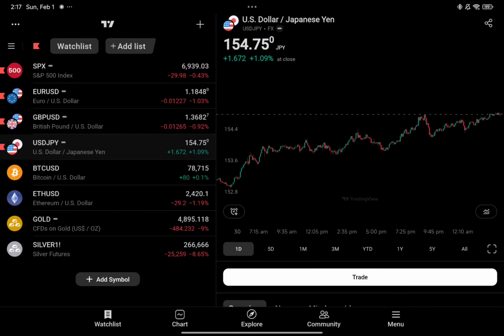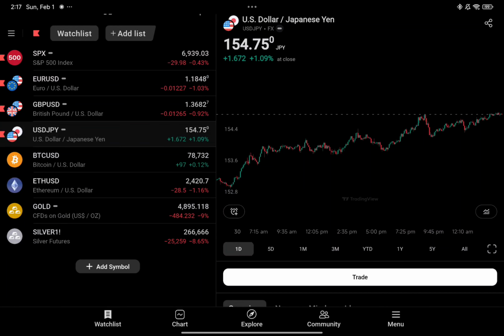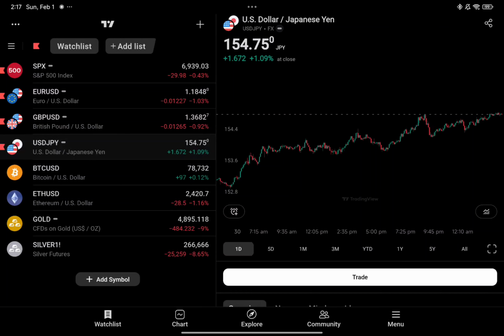And the fourth category is commodity. So in commodities, as you can see, we have gold and silver, basically the most important commodities. I used to trade copper, but now I don't trade copper because I saw that copper doesn't have as much volatility as I need in my strategies to play out things very well.